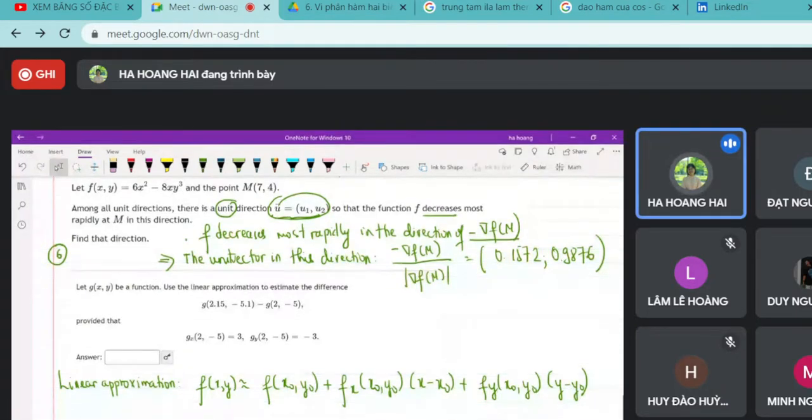Okay, so for this question, you should observe the difference between the values that we have here. This one is the value of x, and here is y. This one is x0, and this one is y0.